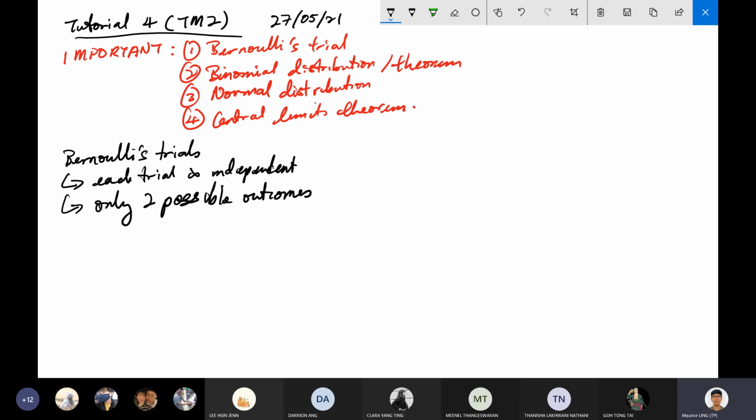Does the probability of right and wrong must be the same, or can be different? Can be different. Okay, so the probabilities of each outcome can be different.